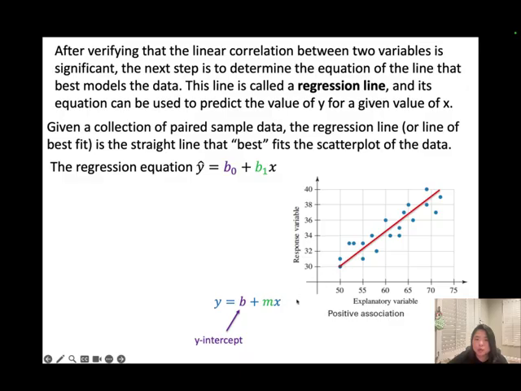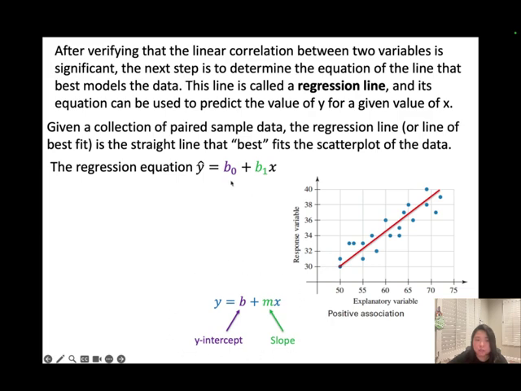And mx, the m here is the slope of this linear equation. For this example, it is increasing, so we know the slope is going to be positive.